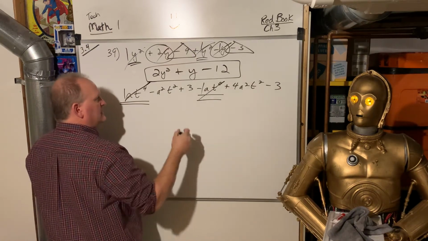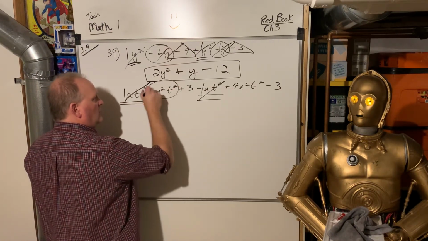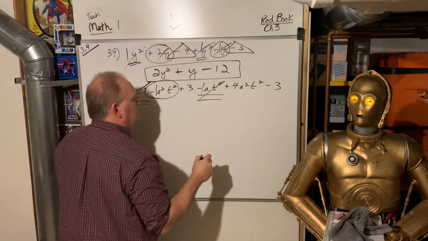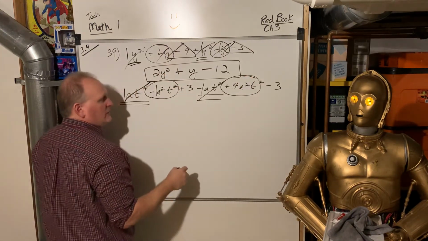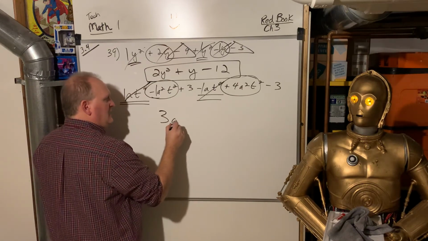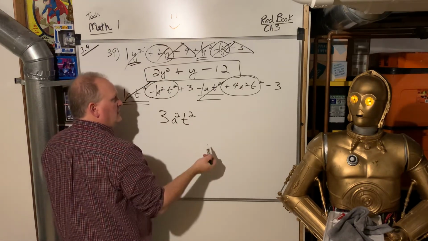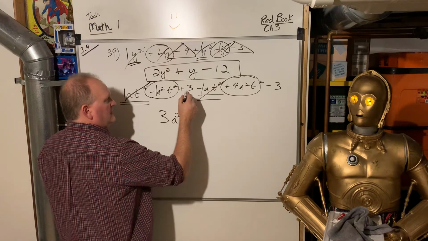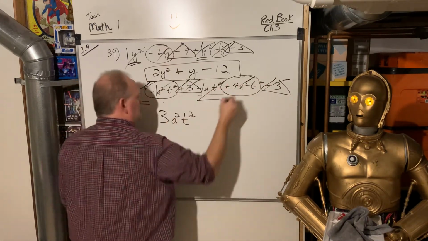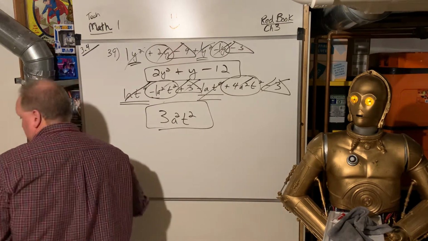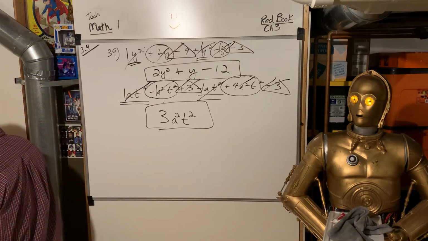We got 1 a squared t squared plus 4a squared t squared, so that's 3a squared t squared. And then we got plus 3 and minus 3, so those die. So that's it, just 3a squared t squared. Alrighty.